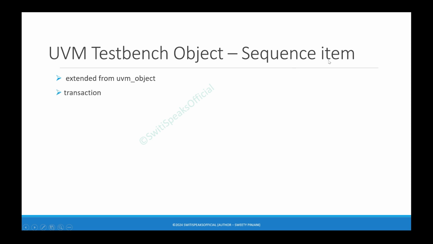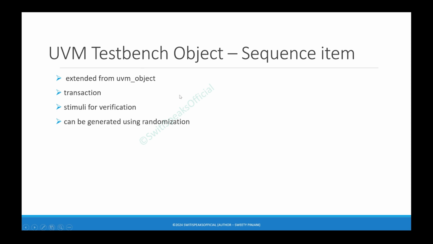You can consider sequence item as a transaction. This is used to generate the stimuli for your verification. Stimuli means we are providing some inputs to the design so that it generates some output. As we said, we try to generate random stimulus.